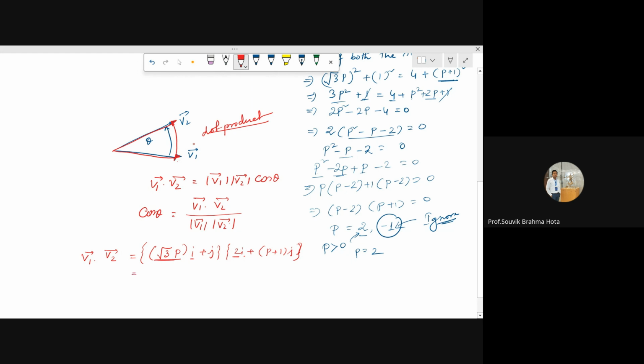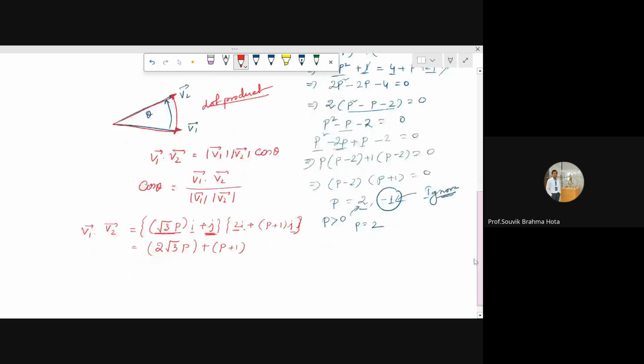Just multiply those two quantities, so it will be 2 root 3p. Then multiply the coefficient of j with j. Here it is 1 into p plus 1, so p plus 1. This is how we get v1 dot v2: 2 root 3p plus p plus 1.